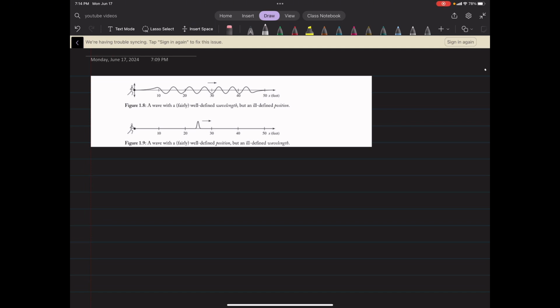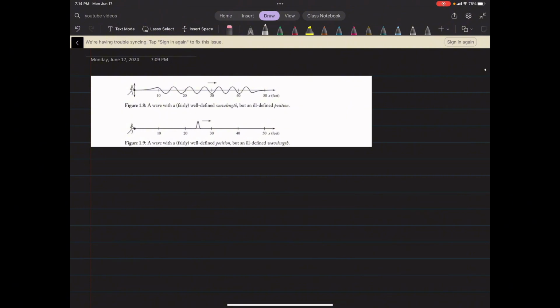And if you asked, what is the position of the wave, that question doesn't make a lot of sense because the wave is kind of everywhere. It's not localized to one particular spot, or at least a region. It's really spread out from about 10 feet to 50 feet or so.